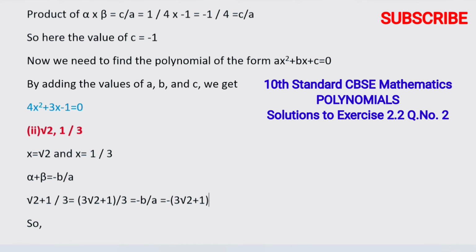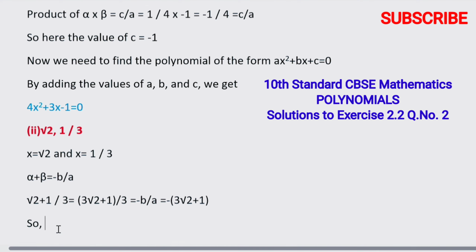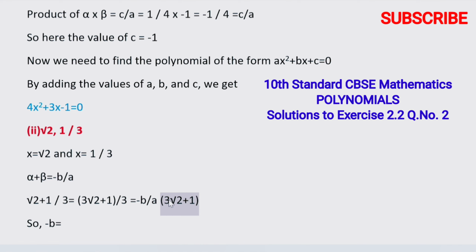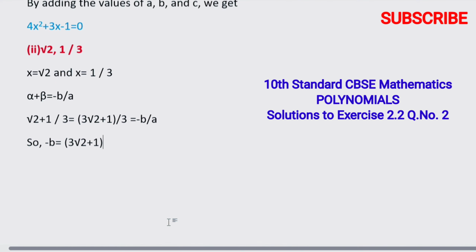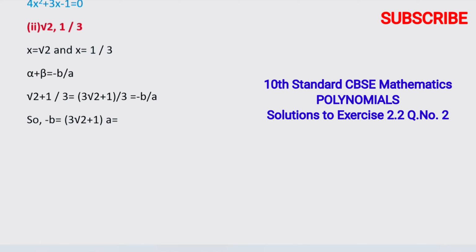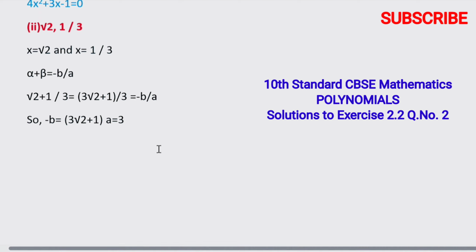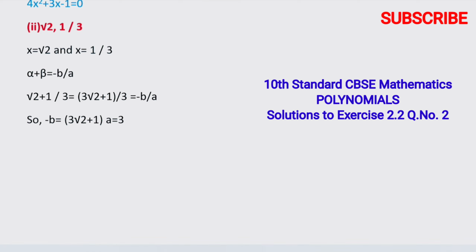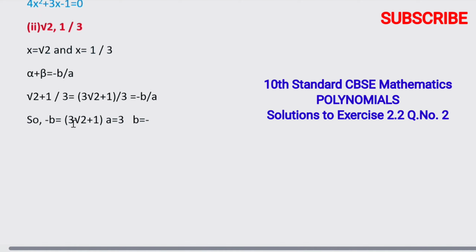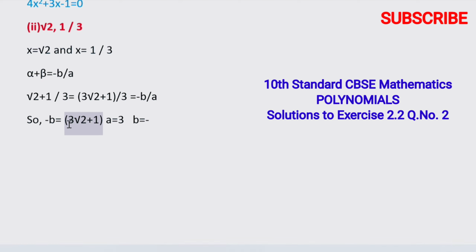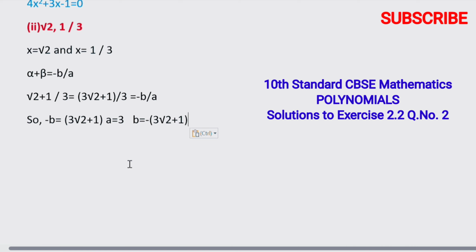Minus b equals this, and a equals 3. Now we got the coefficient values: minus b equals 3 into square root of 2 plus 1 and a equals 3. So b equals minus 3 into square root of 2 plus 1.